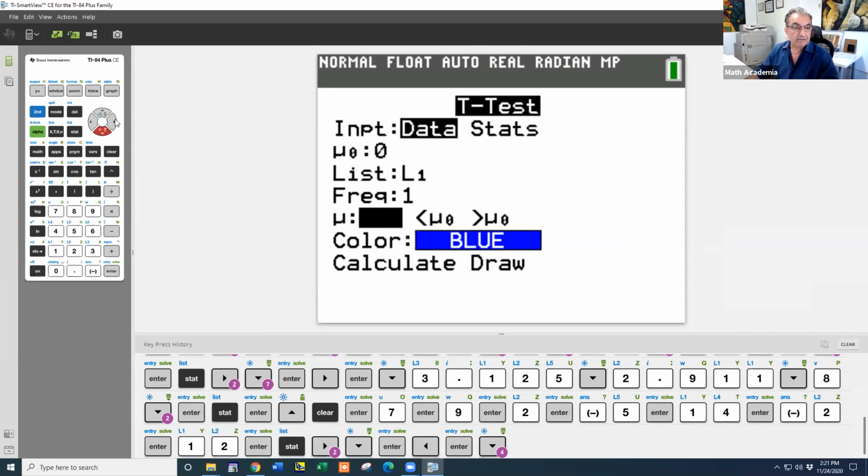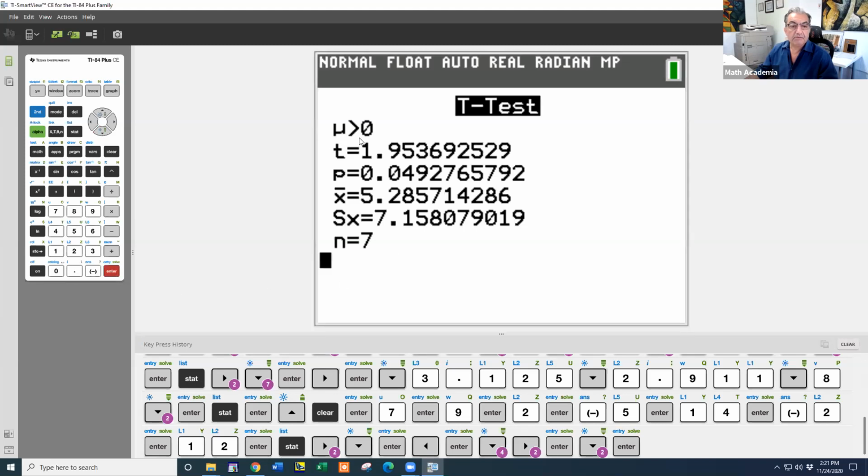And the test was a right tail test. You pick that and you just say calculate. So that's the claim, H1. In this case, t is 1.95, and we have the p-value also. And also here it gives you d bar and s sub d. So remember 1.95, and let's make the conclusion.